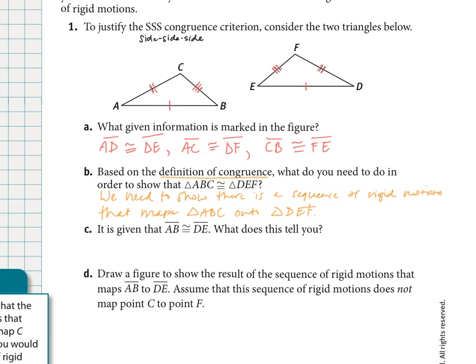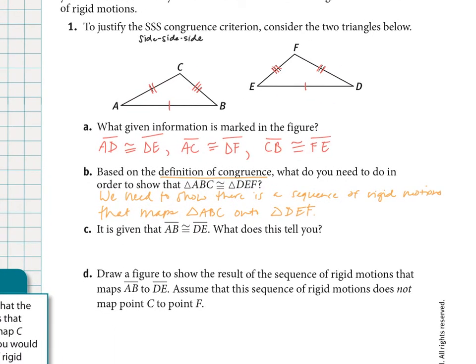So now let's look at part C and what that says. It says it is given that ABC is congruent to DEF. So let's say that's what's given. What does this tell you? Well, it shows there is a sequence of rigid motions that maps AB onto DE.